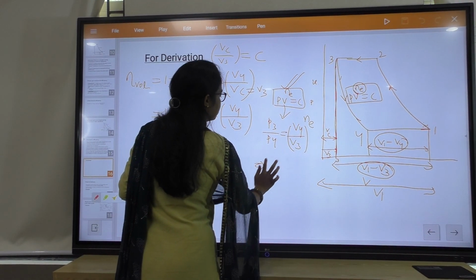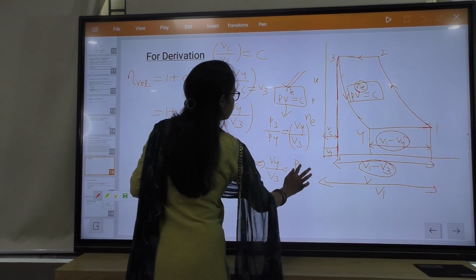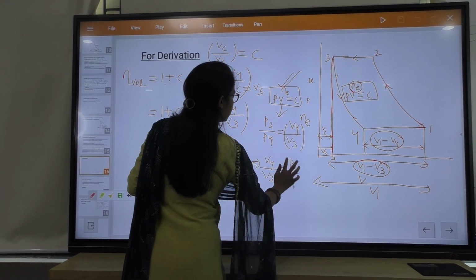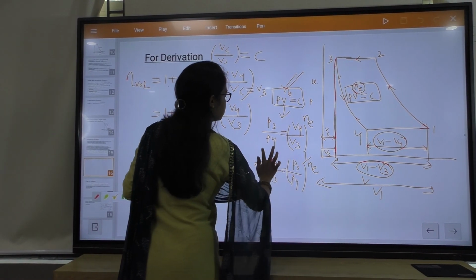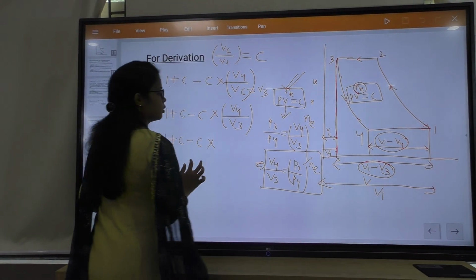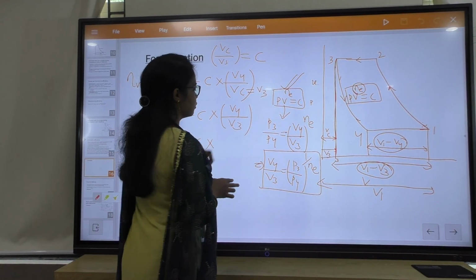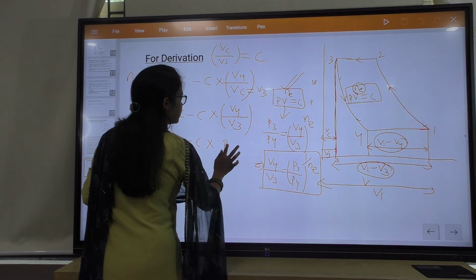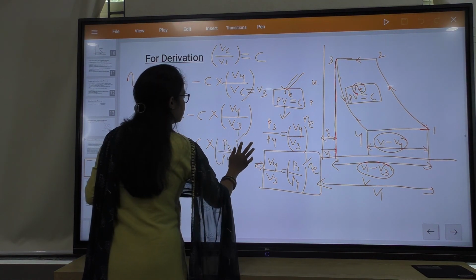So I can write V4 by V3 is equal to P3 divided by P4 to the power 1 by Ne. So in the place of V4 by V3, I can write P3 by P4 to the power 1 by Ne.